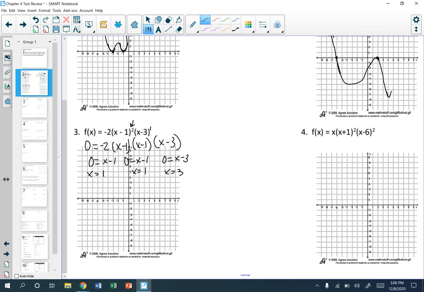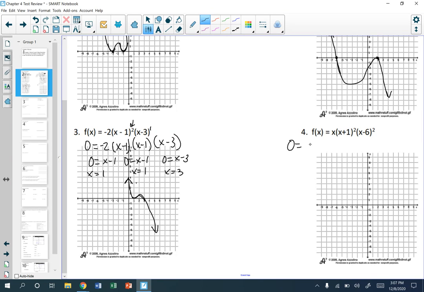My leading coefficient is negative, so it's going to end going down, which means it's going to start going up. I have a repeated 0 at 1, and it goes straight through at 3. So I know I have a turning point at 1, and then it goes straight through at 3. So something along those lines. I'm just going to redraw this a little bit here. Something like that.